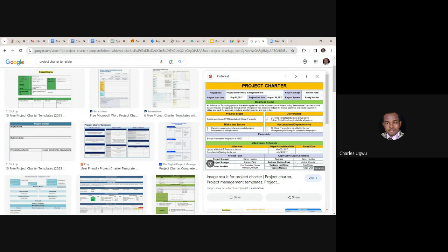All these people need to sign, authorizing that this project can start. Once they sign, the project can officially kick-start. It's a one-page document, although I've seen project charters that have more than one page, but in many cases it is a one-page document. So this is how a project charter looks. We're going to develop it, and we move on.